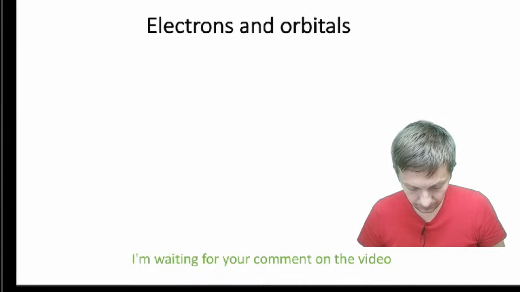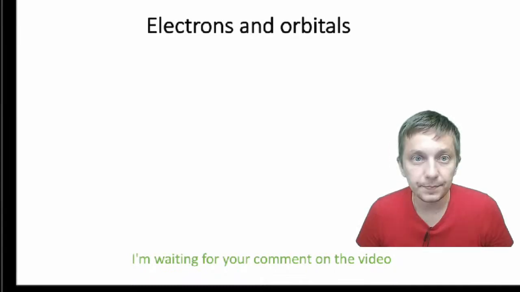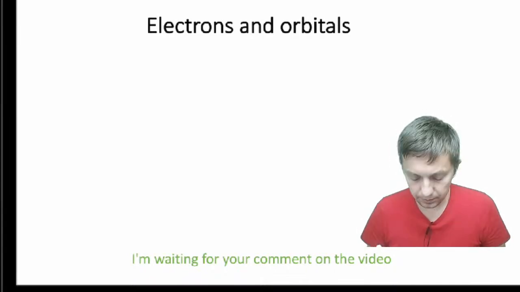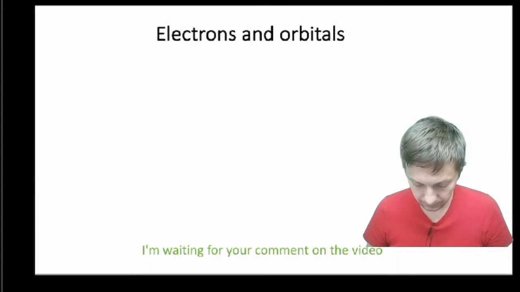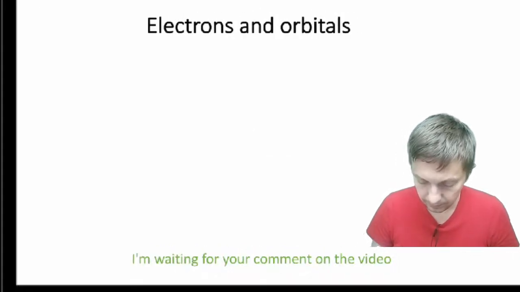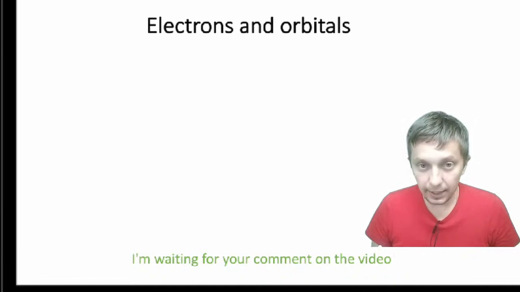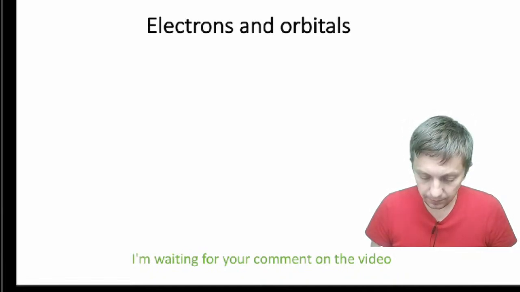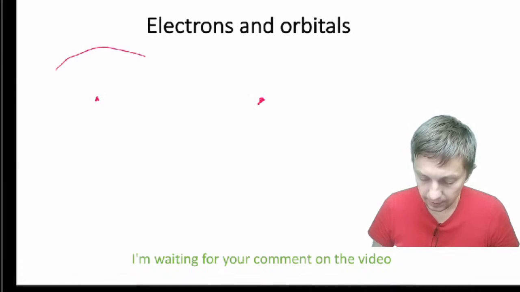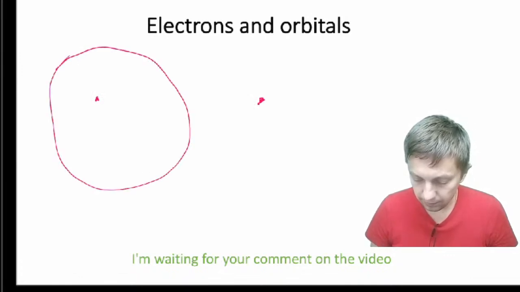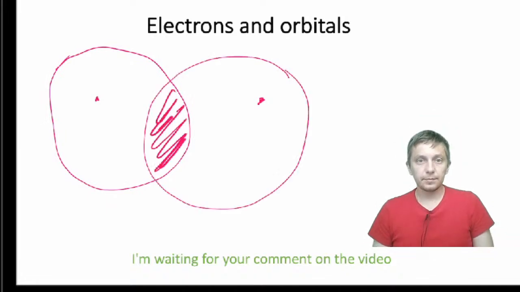And we have double bonds, and we're dealing with triple bonds. If we have one atom and another atom, and their electrons overlap, we get bonds.